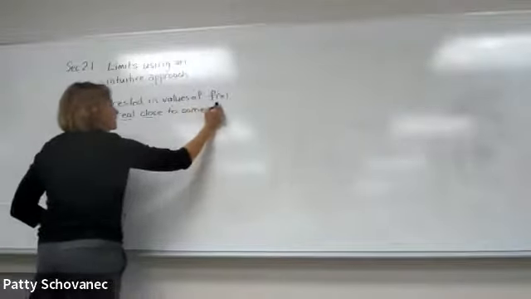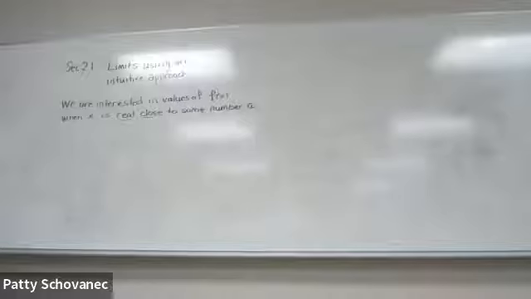If these values can be made infinitely close to a particular output, then we say that the value of the limit of that function as x goes to a is equal to the output.